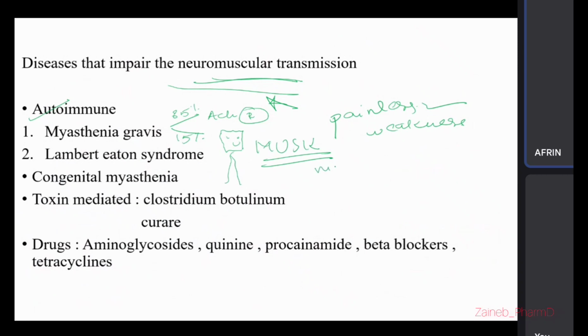MuSK stands for muscle specific tyrosine kinase receptor. So in 15% of patients, the antibodies are produced against the MuSK proteins.